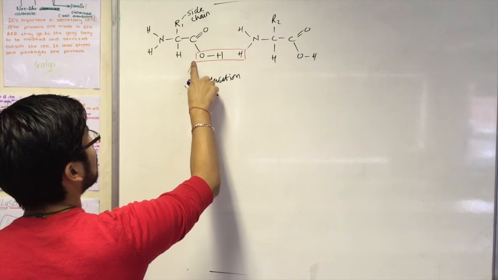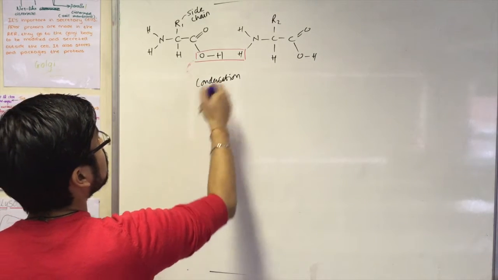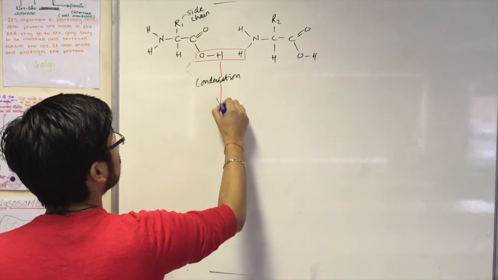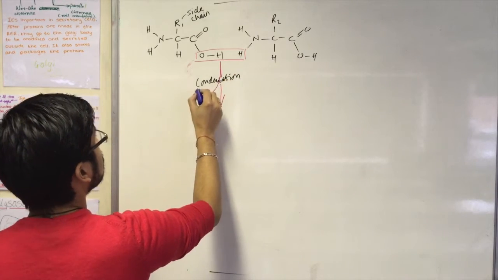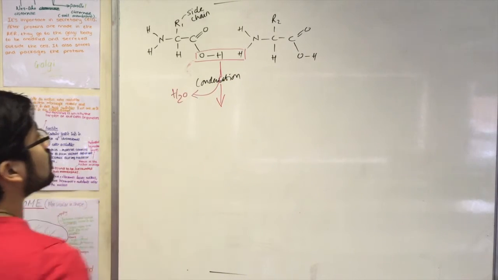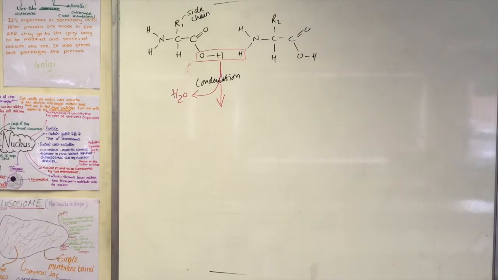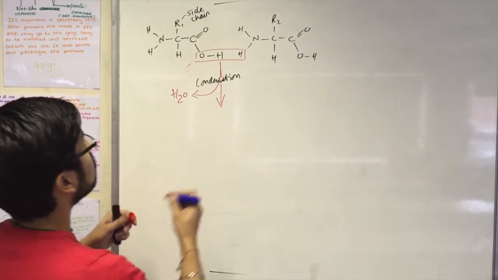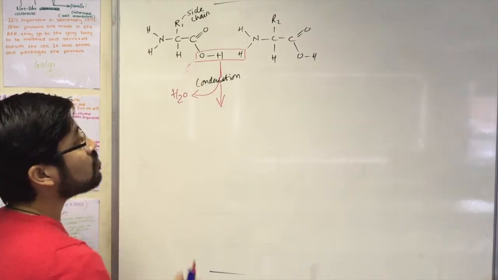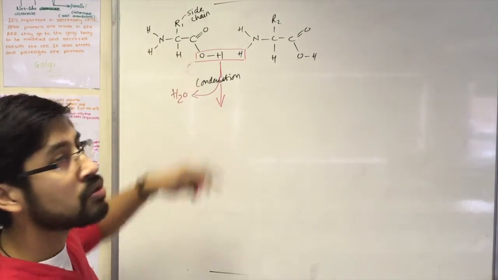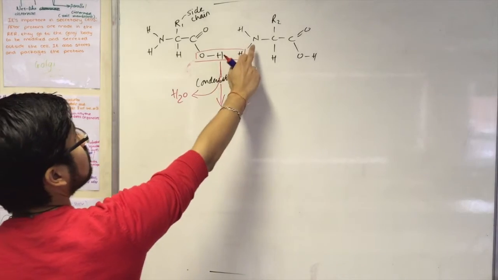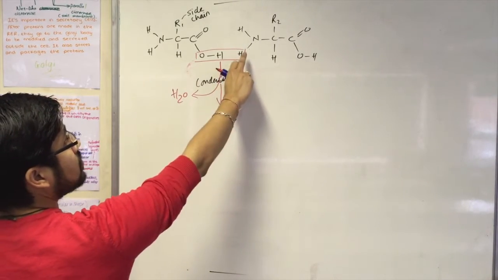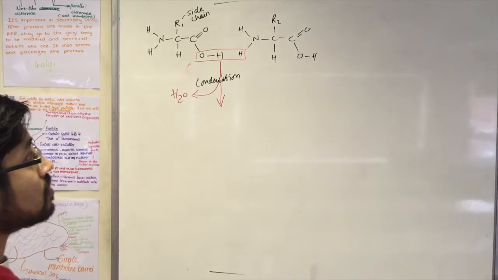Actually, that's not how I like to draw it. The way I like to draw it is this. So the water comes off right there, H2O. And what you're going to then have is the carbon with one less bond because it's lost the bond to the oxygen. You're going to have nitrogen with one less bond because it's lost the bond to that hydrogen.